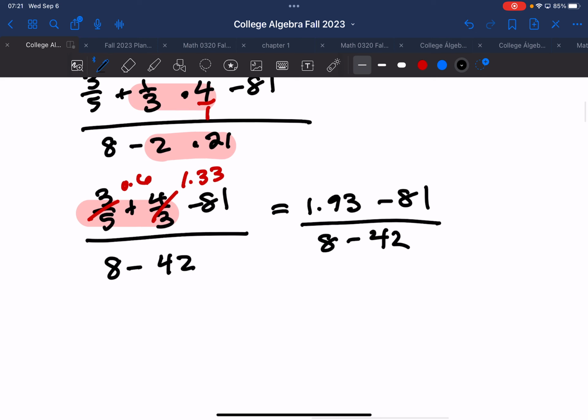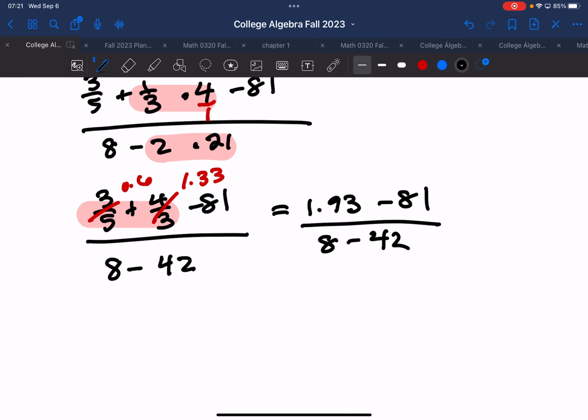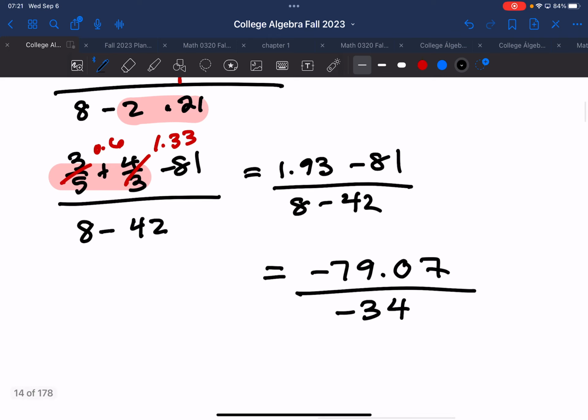And then now I'm just simplifying top and bottom, so just subtraction. Negative 79.07, just rounding to 2 decimal places. And then on the bottom, negative 34.